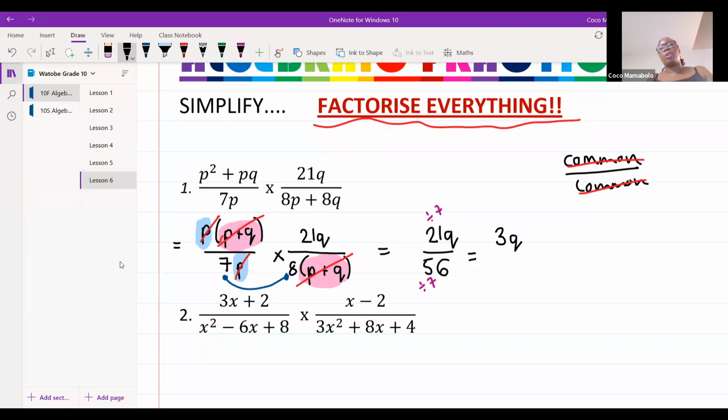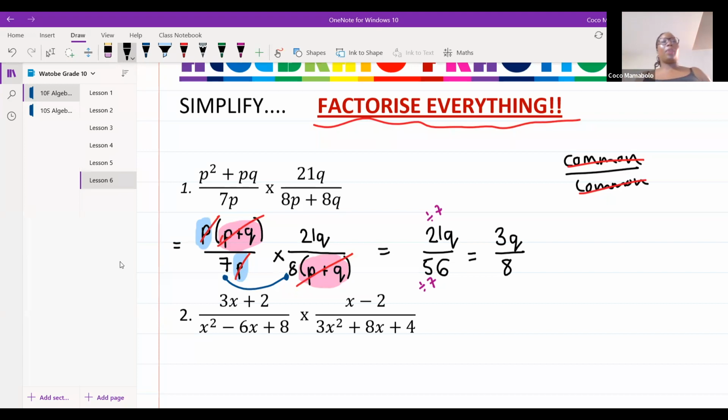Don't forget to bring the Q along because it didn't go anywhere. And then 56 divided by 7 is 8. Ta-da! We got back to the same answer, 3Q divided by 8. You did an excellent job. I hope I've put all your troubles about this question at ease, because we need to look at this next question that we've got over here.